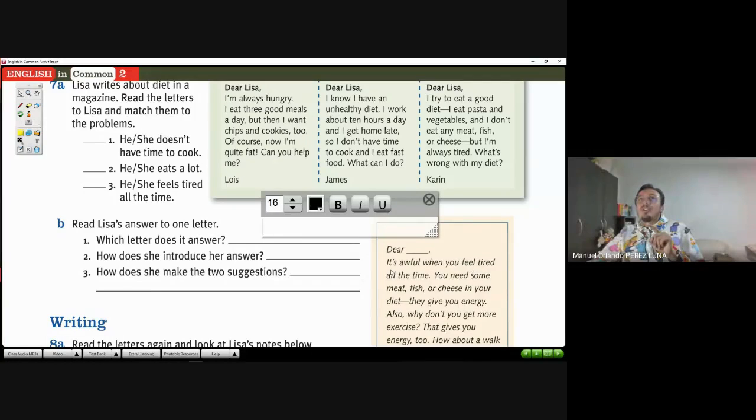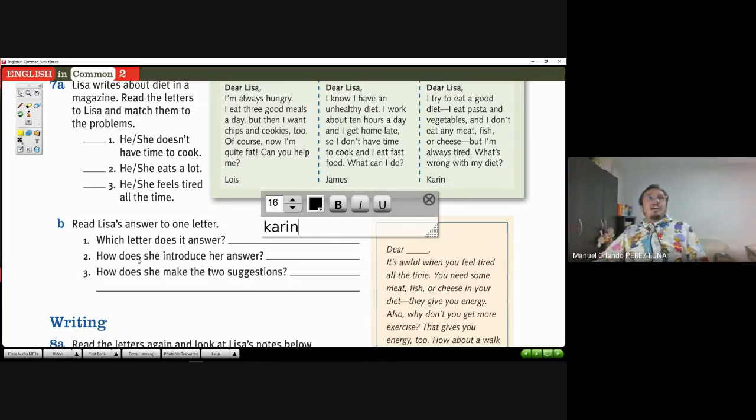You feel tired all the time. Who is feeling tired? Luis, James, or Karen? Karen. So who is this letter for? For Karen. It's awful when you feel tired all the time. Es terrible cuando te sientes cansada todo el tiempo. It's awful when you feel tired all the time, okay?